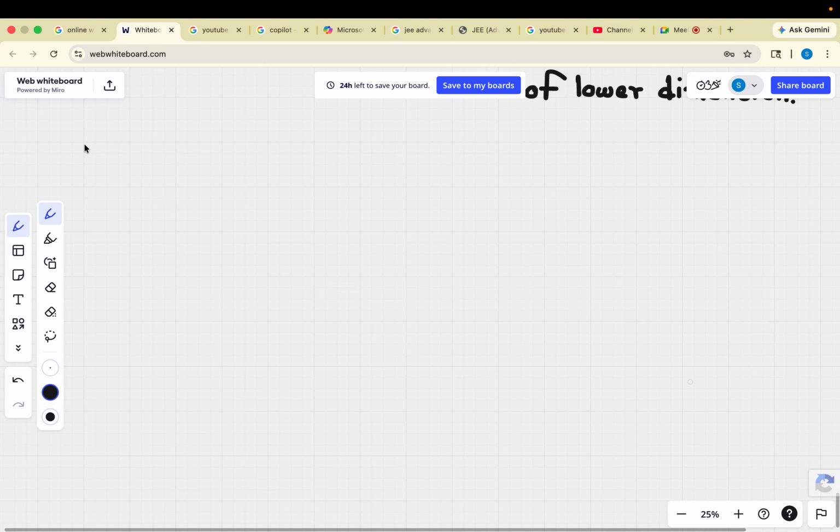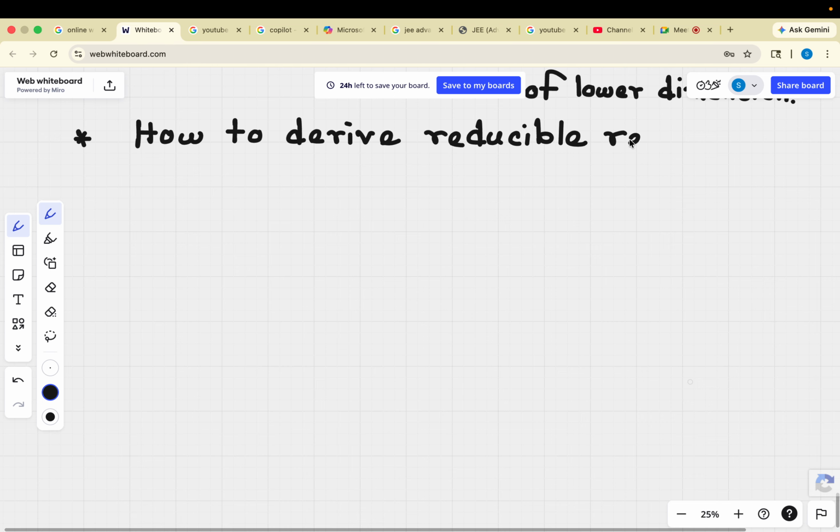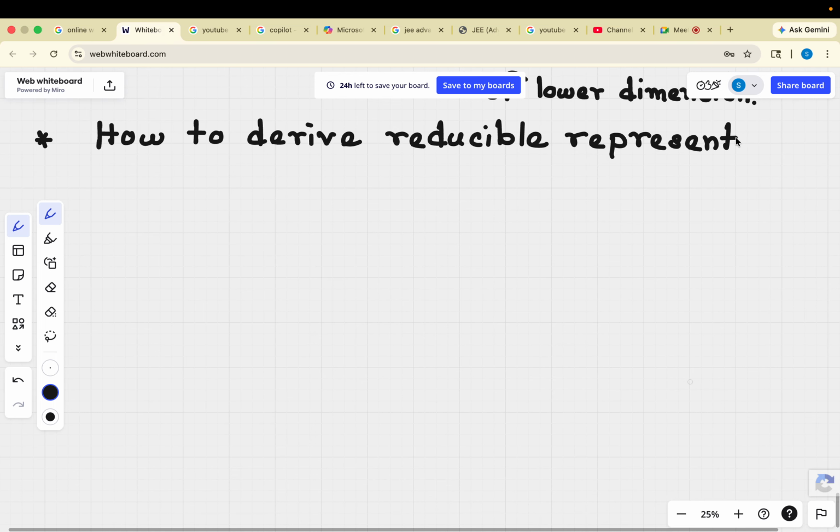So now next write down how to derive reducible representation. Because we have to derive it, right? So how to derive reducible representation?